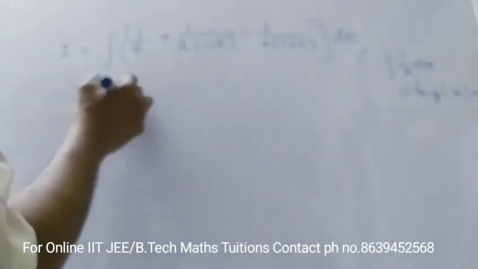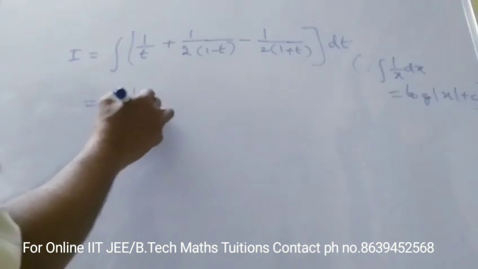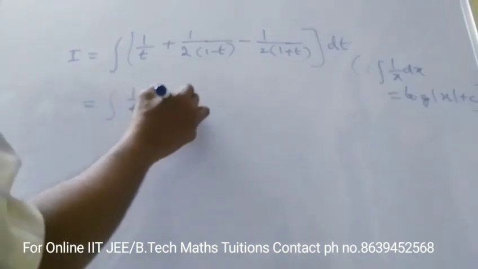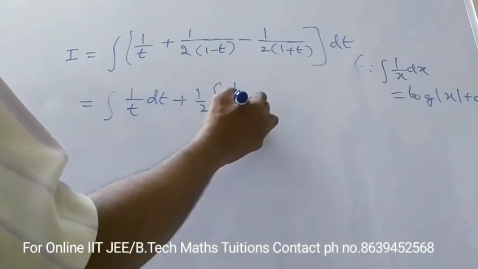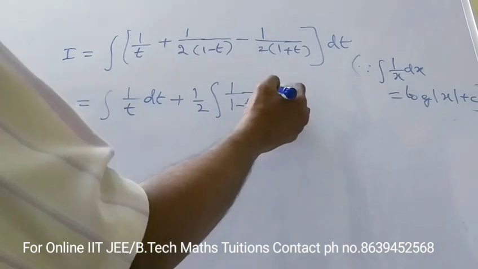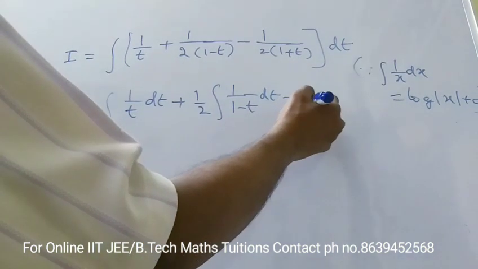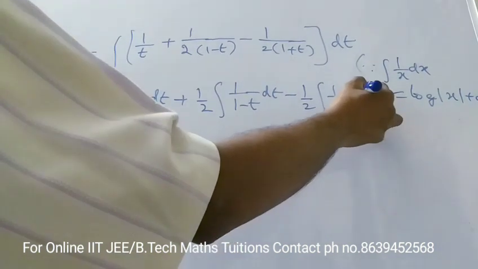On splitting into three terms: integral of 1 by t dt plus 1 by 2 integral of 1 by 1 minus t dt plus minus 1 by 2 integral of 1 by 1 plus t dt.